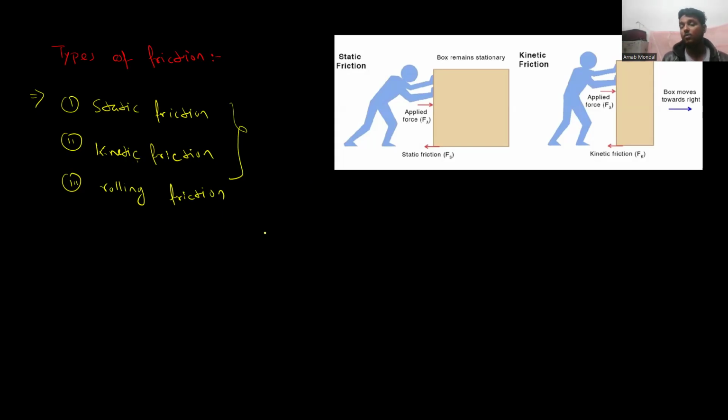So let's see what static friction is. Static friction is the friction force that prevents motion between stationary surfaces. It means when the object is not moving, the friction acting on the object is called static friction.